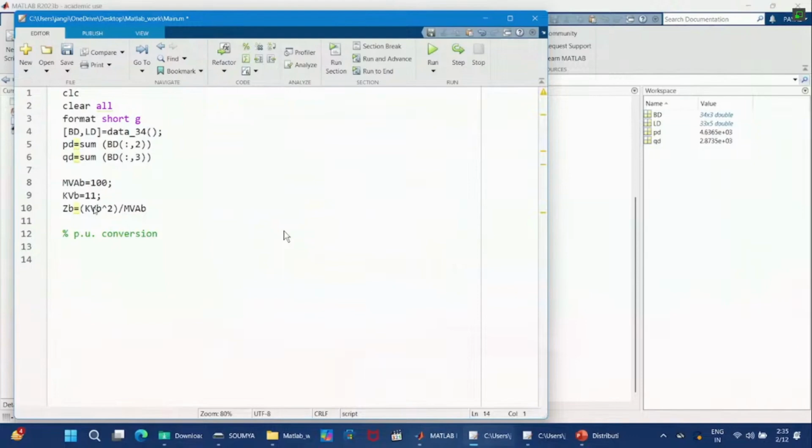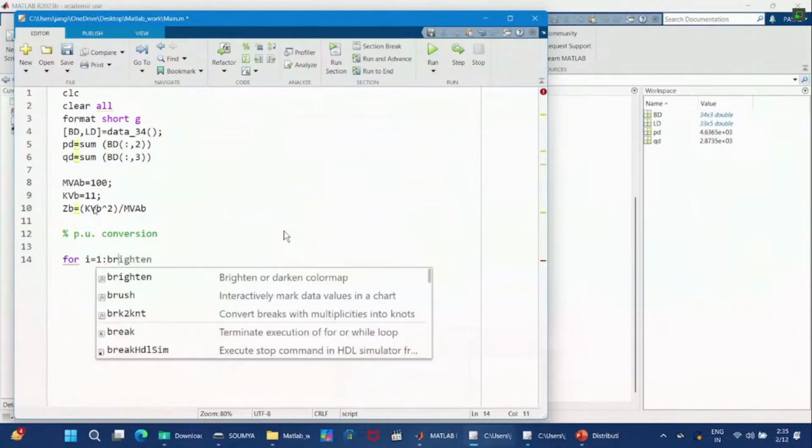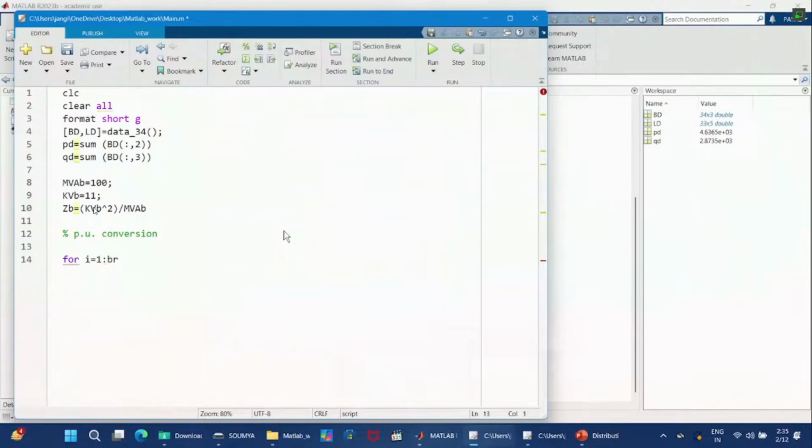So initially we start a for loop for I equal to 1 to branch. Now what is this branch? How do we identify this branch? What is the size or length of this branch? How can we define it? The length of your line data will be your branch.